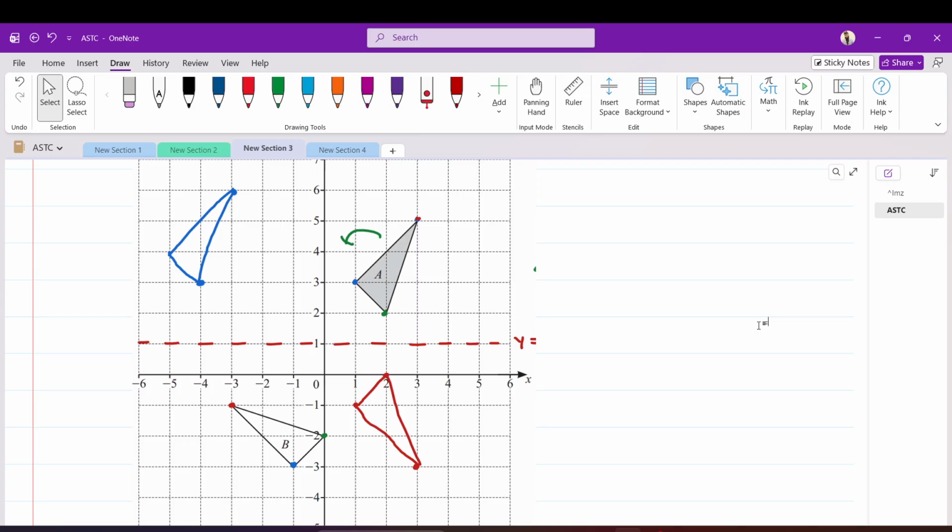You keep a tracing paper on top of your object, make the shape on top of the tracing paper, and then try to rotate it at different points until you reach a point where your drawn object is exactly mapped onto this position.